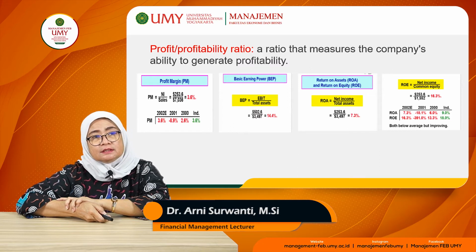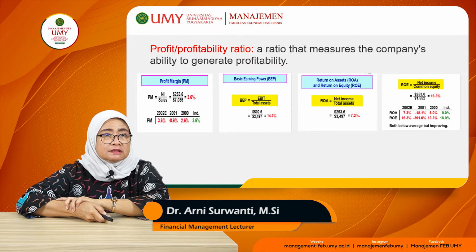This ratio is earnings before interest and tax divided by total assets. Or we can use return on asset. Return on asset is net income divided by total assets. Or we use return on equity. Return on equity is net income divided by common equity.